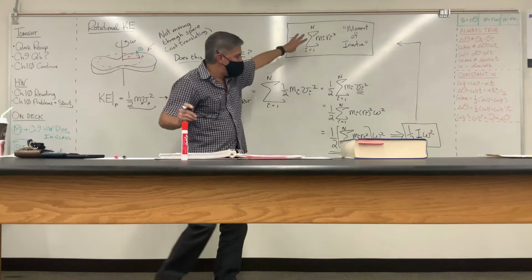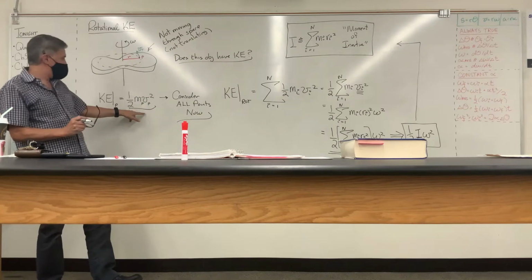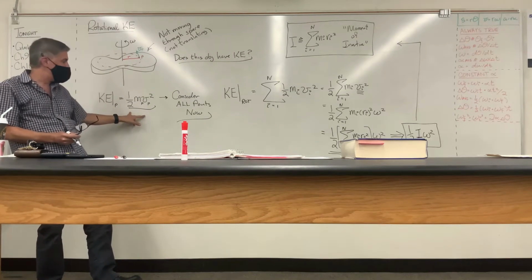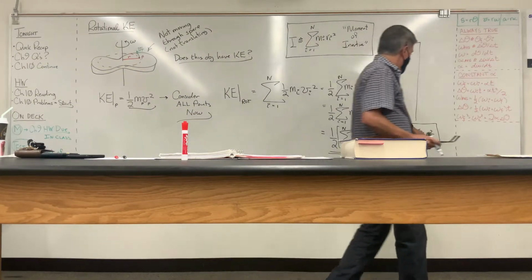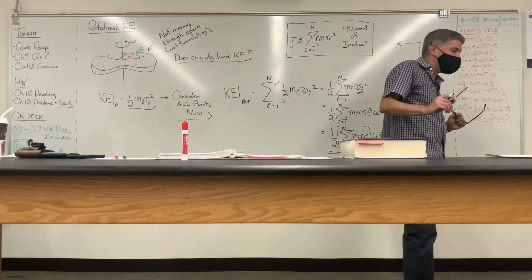Now, even before we talk about the ugly thing for a second, we went from the translational space of 1/2 mv squared, which we're all pretty comfortable with, to the rotational space of 1/2 I omega squared. Forget about the ugly thing just for a second, we're going to come to it.